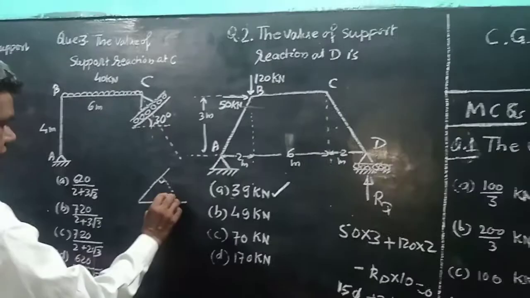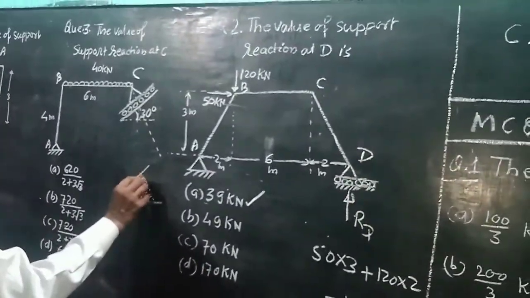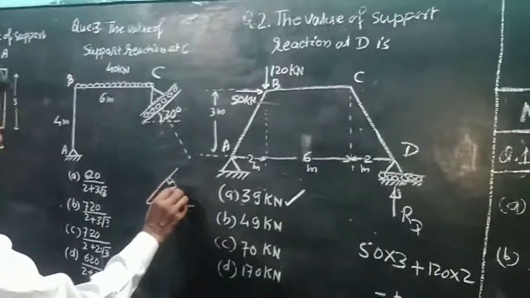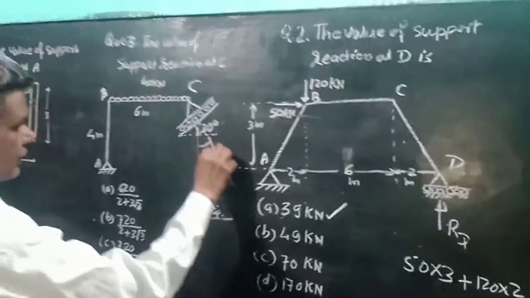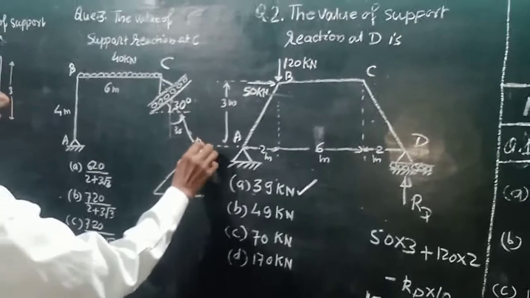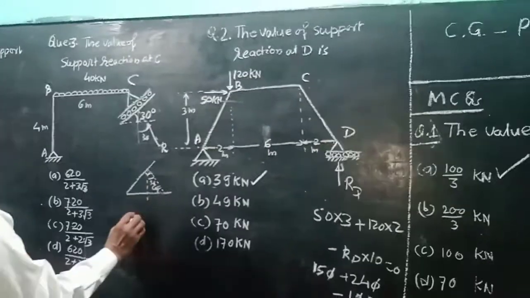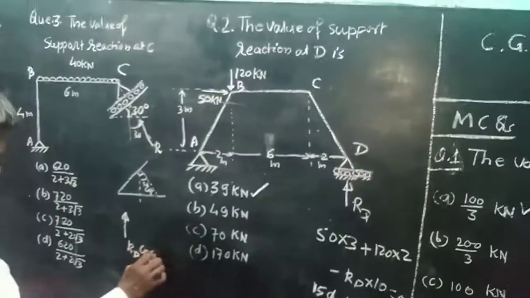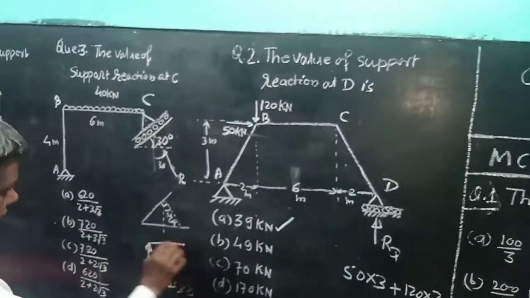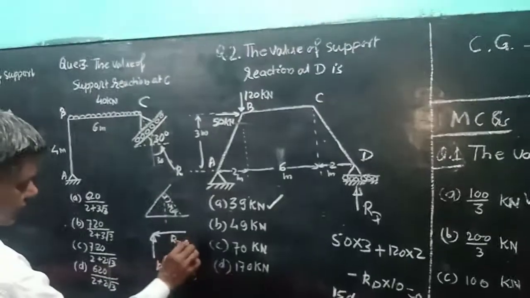So this angle is equal to 60 degree, and vertically this angle is equal to 30 degree. This is RD, so the components of RD are RD cos 30 and RD sin 30.